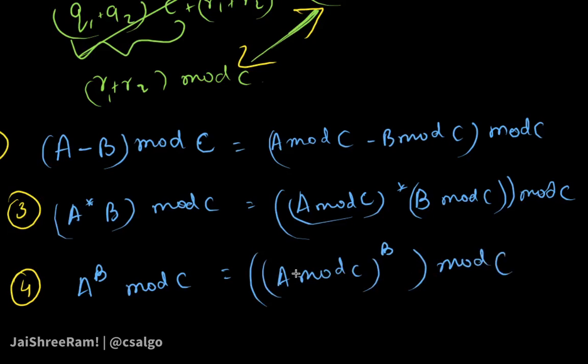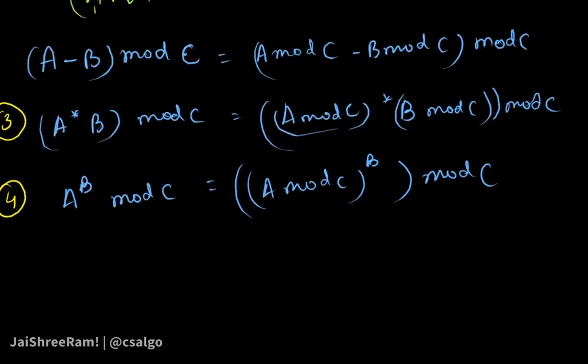Now why is this? You can think in terms of the binomial theorem. Let's take a as q times c plus r, whole to the power b, right? Now this can be expanded binomially.